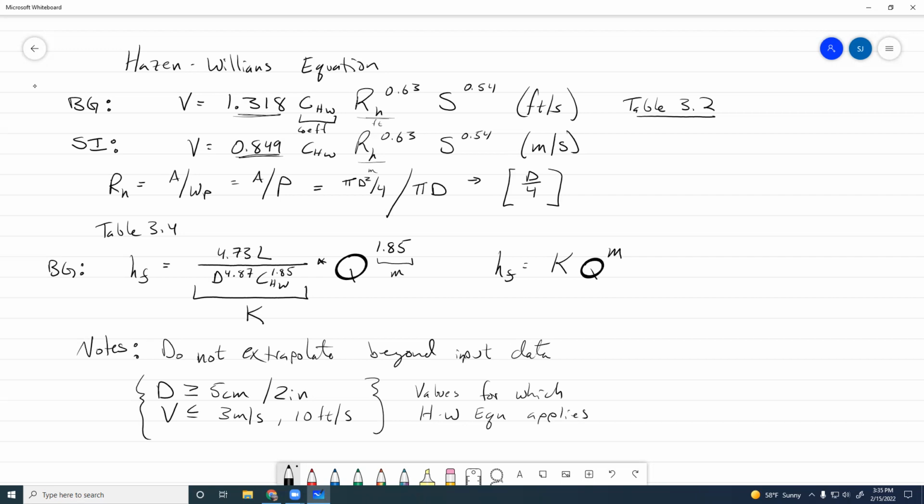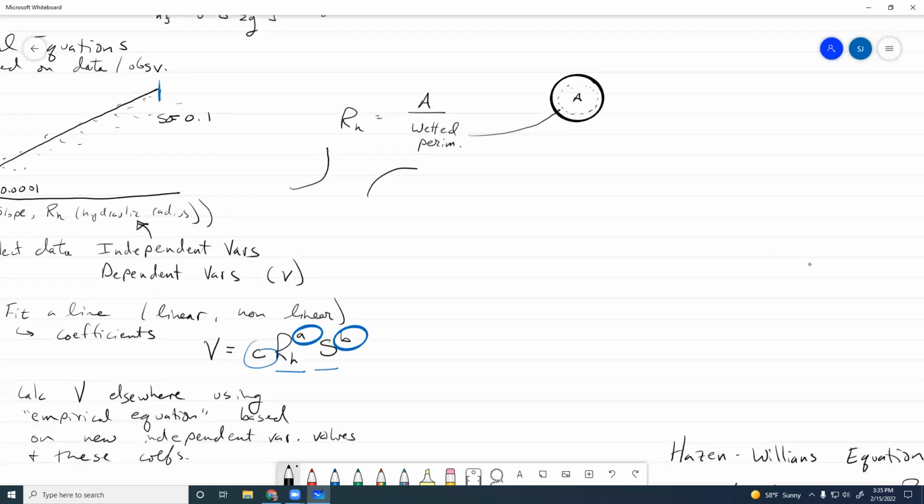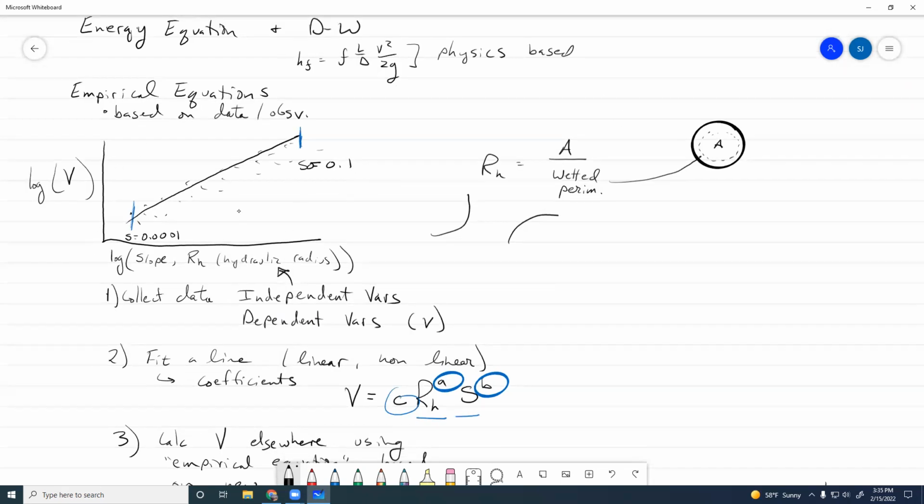Meaning the data that they used involved situations where velocity was less than this and diameter was greater than this. And that gets back up here where they did some laboratory tests to come up with those parameter values, and our velocity and diameters were within some bounds or above some bounds.